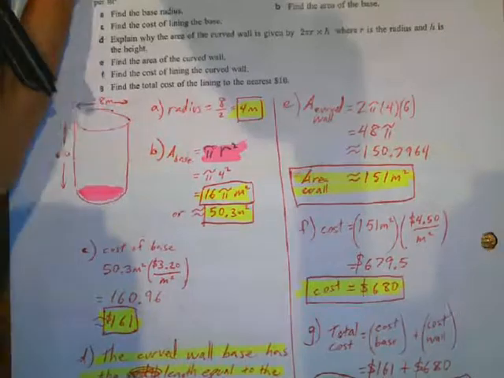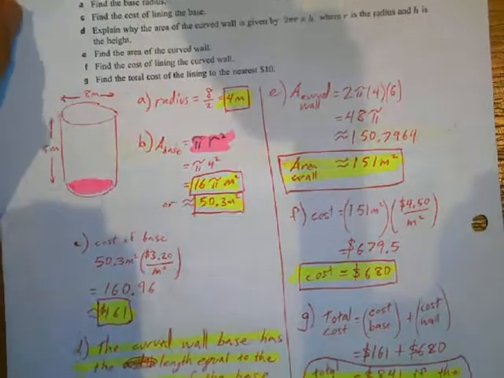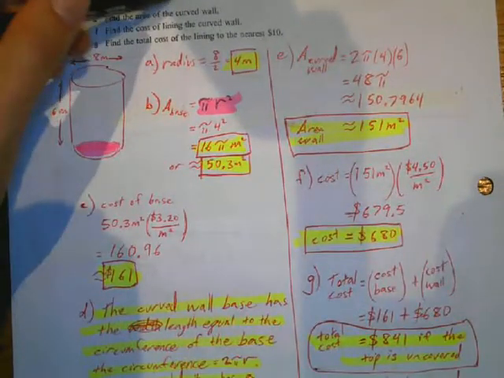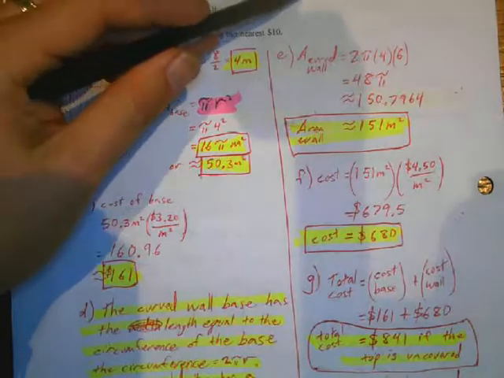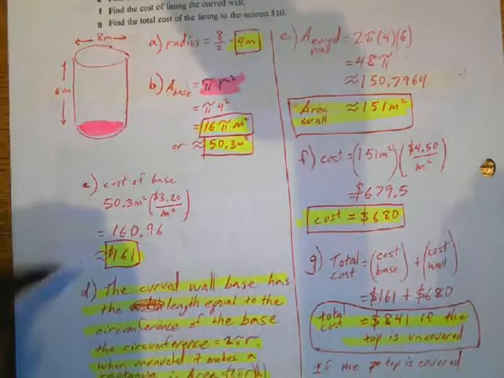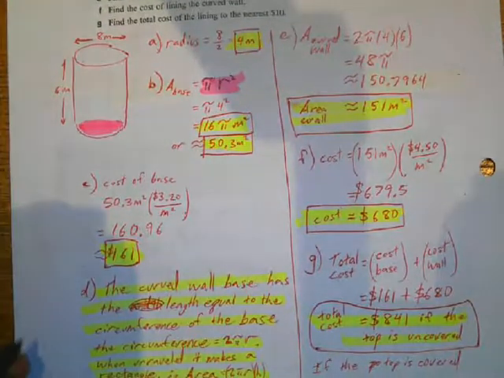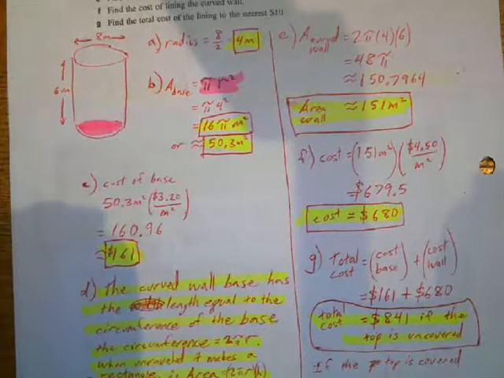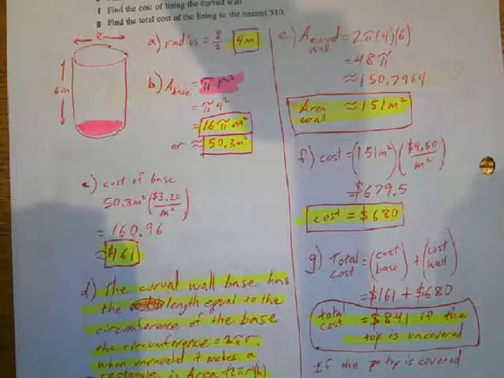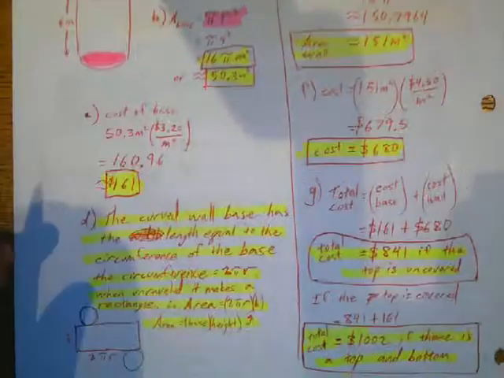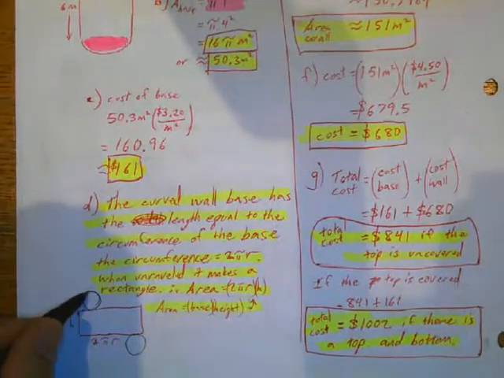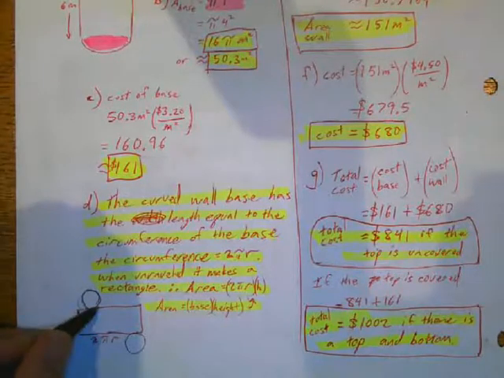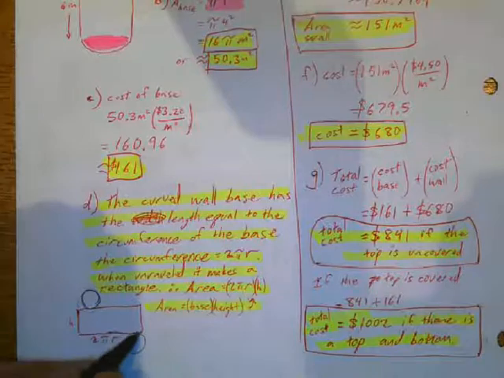Okay. Question D. Explain why the curved area of the wall is 2 pi r h. So if I unravel the curved wall, the distance all the way around is 2 pi r, because that's the circumference of a circle.